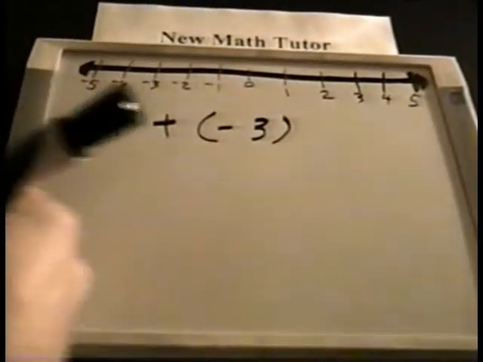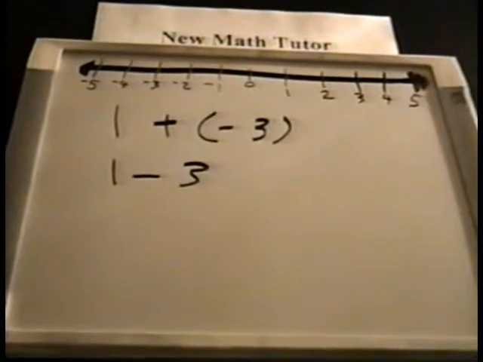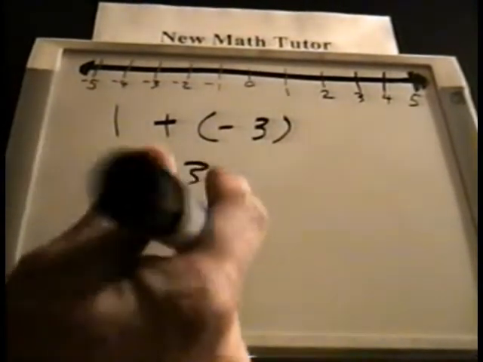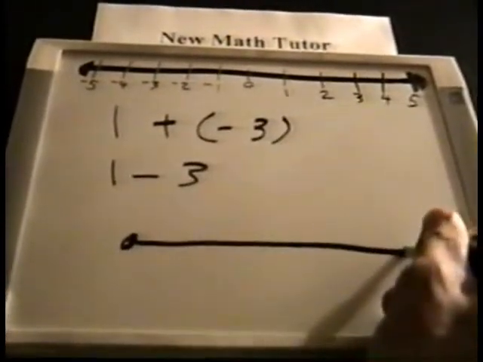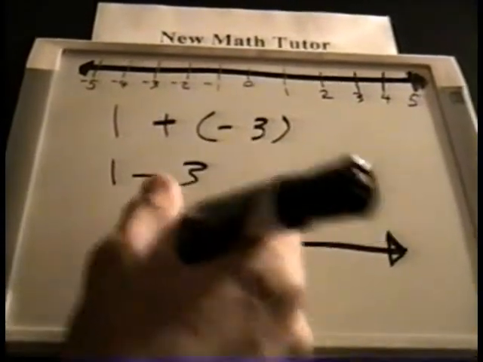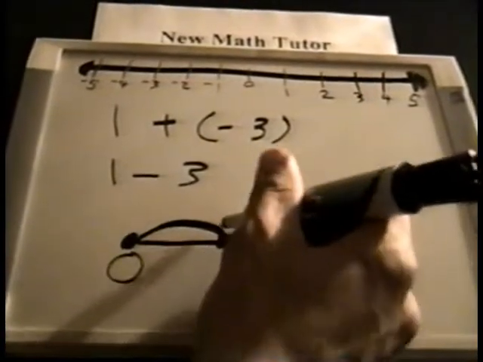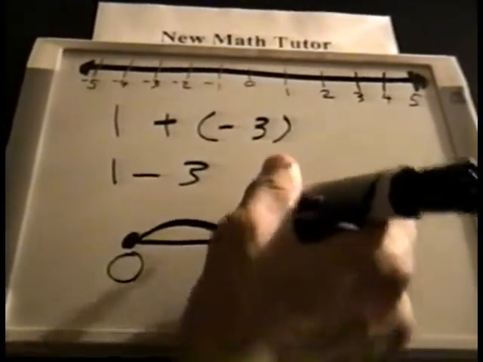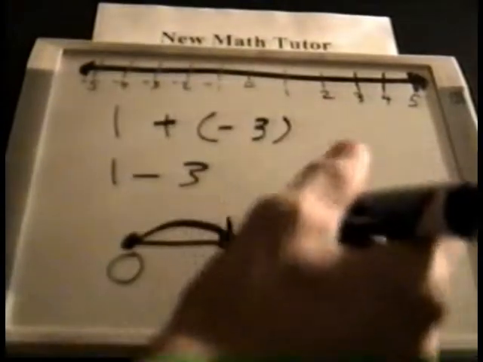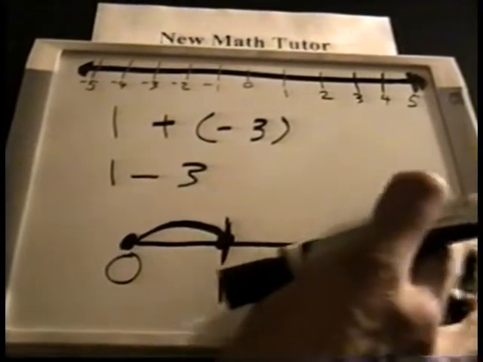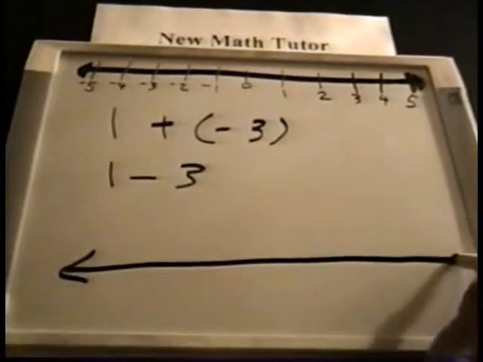Let's say we add 1 plus a negative 3, or as you would say, 1 minus 3. Now, just as before, you start at 0, we go 1 over to 1, but then we have to go backwards 3.